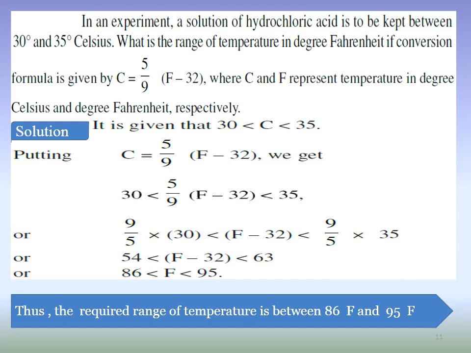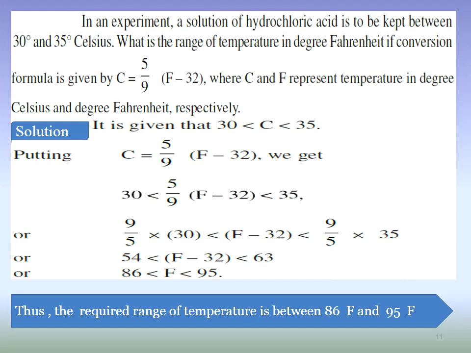So in the given condition, C must lie between 30 and 35. So how to write it? 30 is less than C and C is less than 35. Now we can substitute the value of C by 5 by 9 within bracket F minus 32.